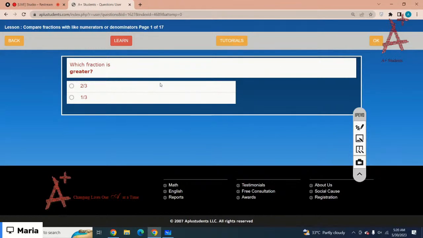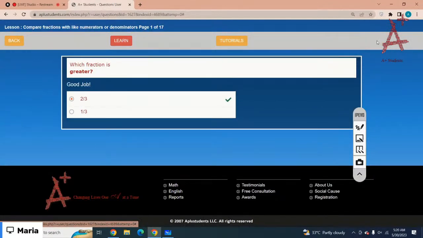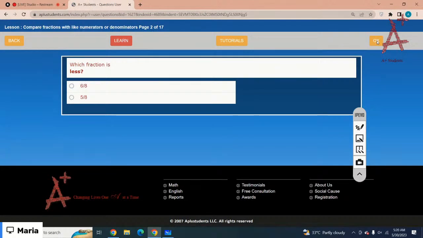The correct option is 2 over 3. Please answer quickly. Okay, which fraction is less? 6 by 8, 5 by 8. Which is the correct option?